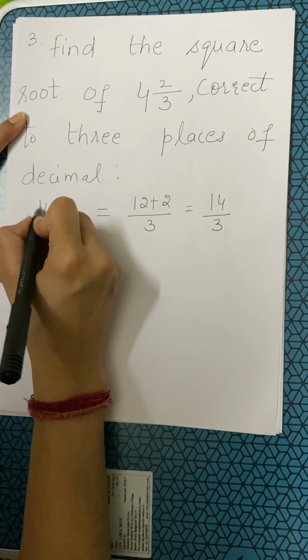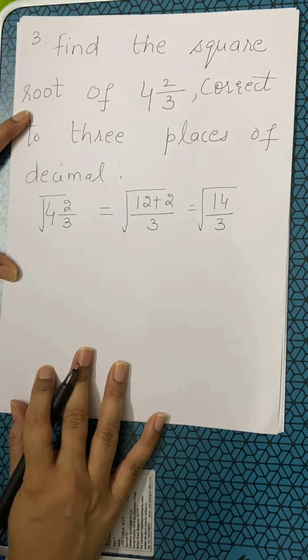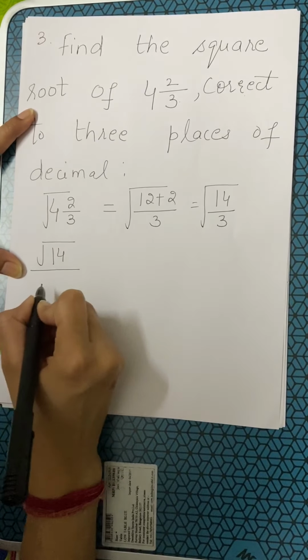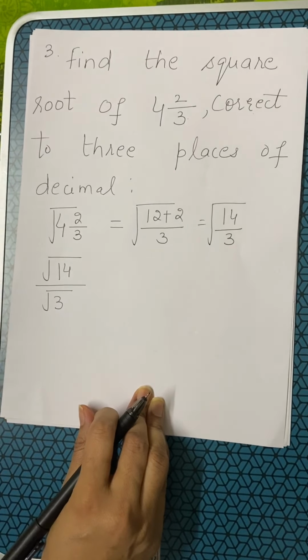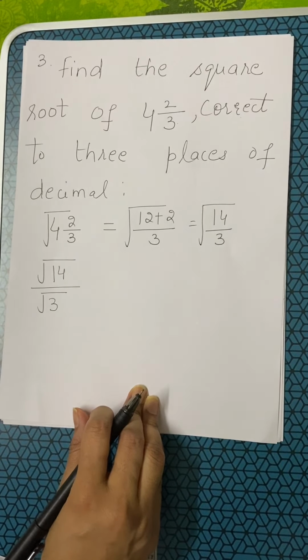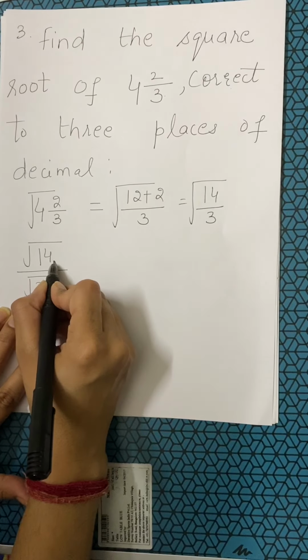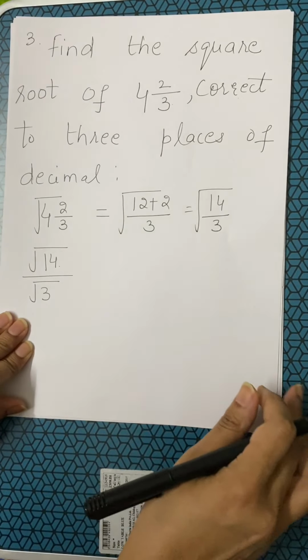That means I need to find the square root of 14 by 3. That means I will be finding the square root of 14 separately and the square root of 3 separately. Let's start with the square root of 14 first, and then we will be finding the square root of 3.